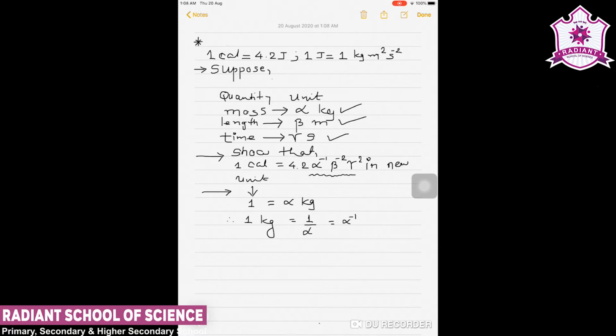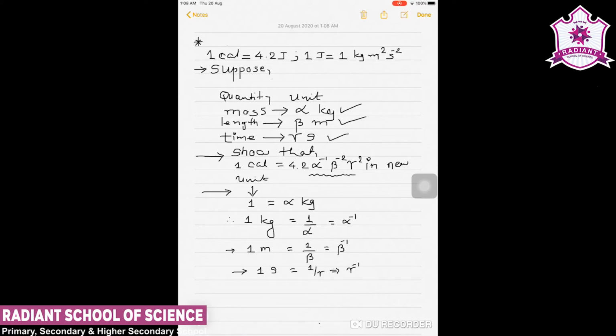In a similar way, 1 meter is equal to 1 over beta, that can also be written as beta raised to minus 1. And third, time: 1 second can be written as 1 upon gamma, and therefore it can also be written as gamma raised to minus 1.